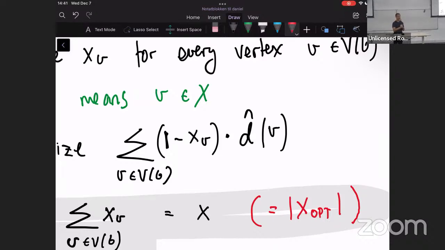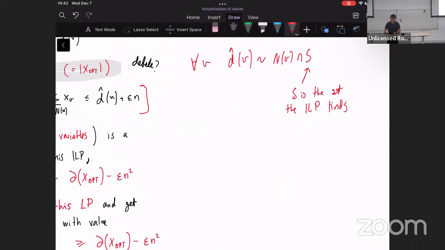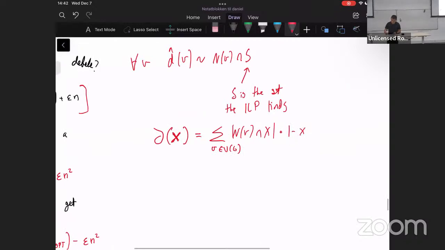In particular, we know that delta of X is equal to the sum over all vertices v in V(G) of N(v) intersection X times 1 minus x_v.